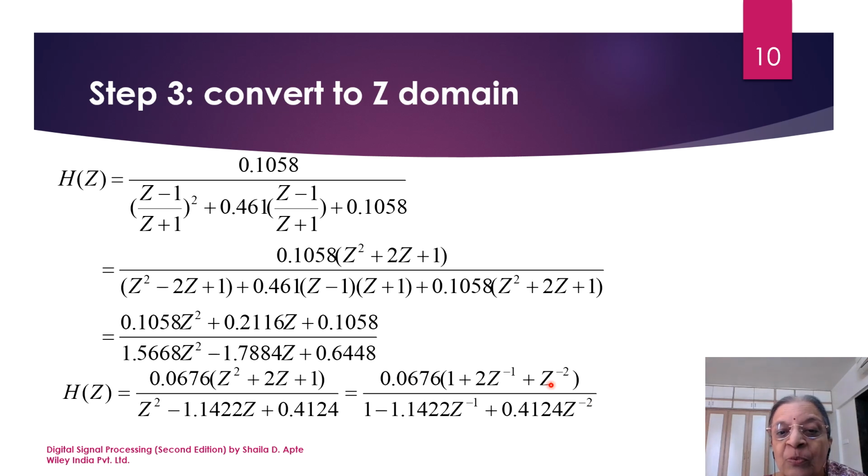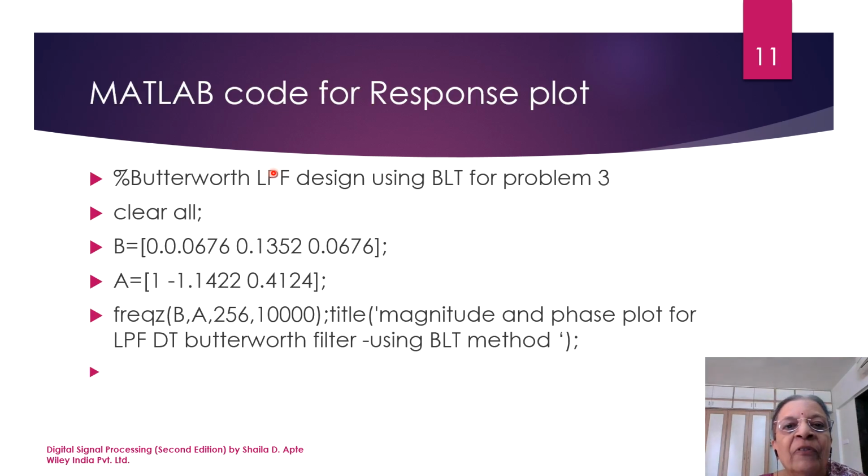So these are the coefficients in the numerator polynomial, and these are the coefficients in the denominator polynomial. We have to use these coefficients whenever we write a MATLAB program to calculate the frequency response. So we write the MATLAB code, Butterworth LPF design using BLT method for this problem 3. First, clear all variables.